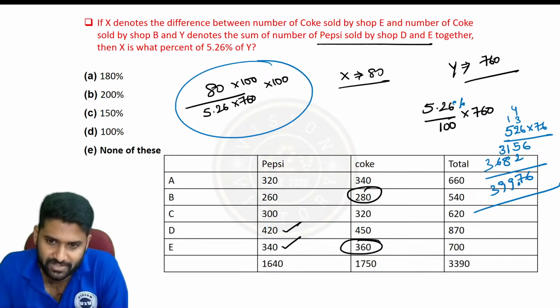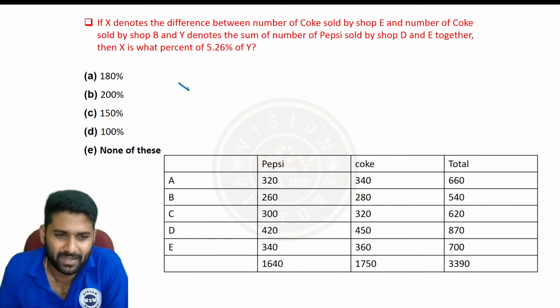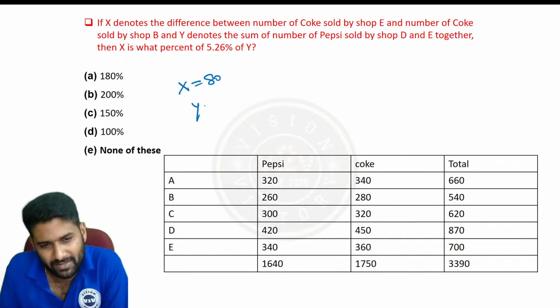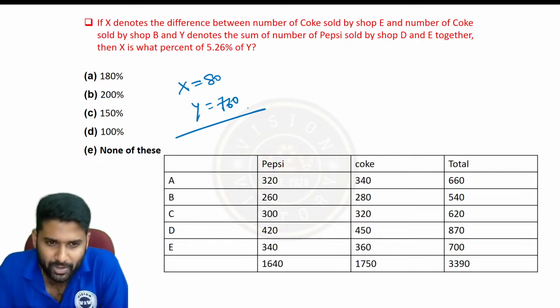Find the value, guys. I'll check your values. X value is 80, Y value is equal to 760. Now tell me, X is what percentage of 5.26 percentage of Y?